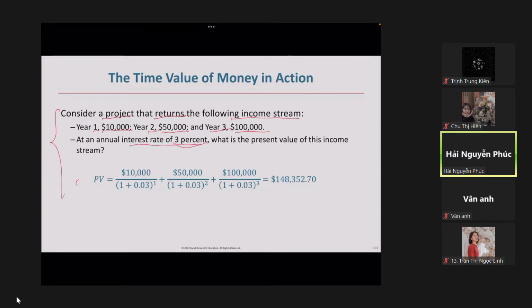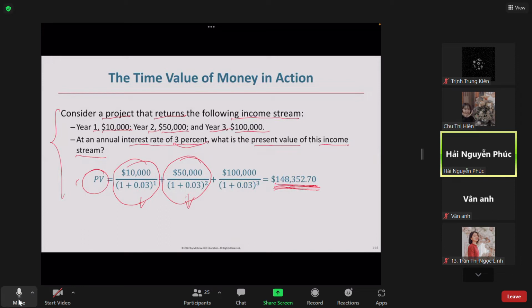The task is to compute the present value of this income stream. So here is the present value of $10,000 in the first year. Here is the present value of the second year, and so on. And finally, we have the present value of the project that gives you returns for 3 years. This amount of money. Okay, understand? Any question? No? Pretty simple, right?